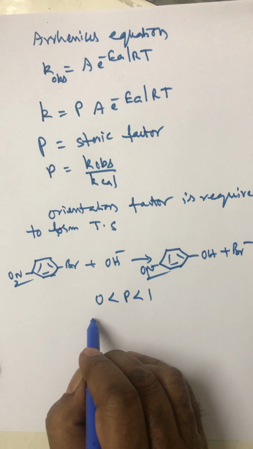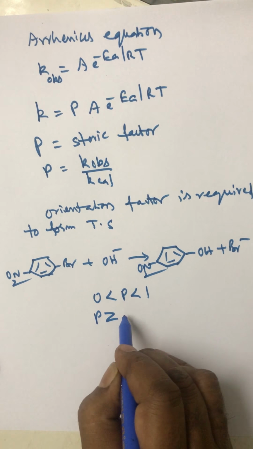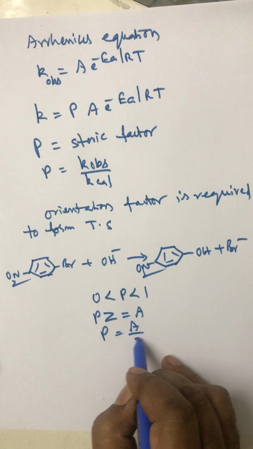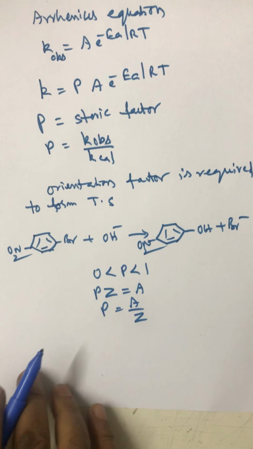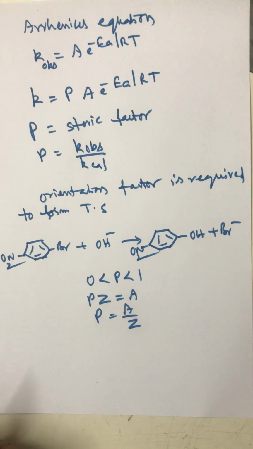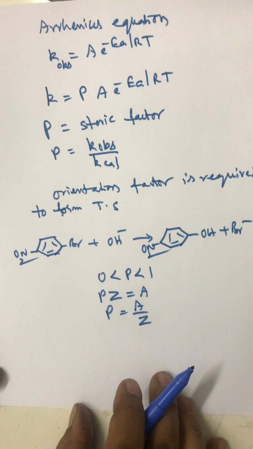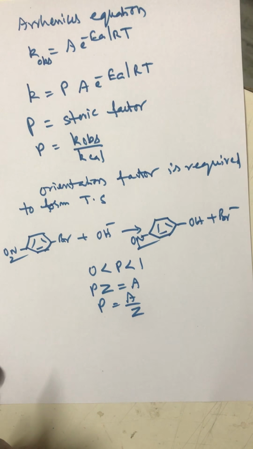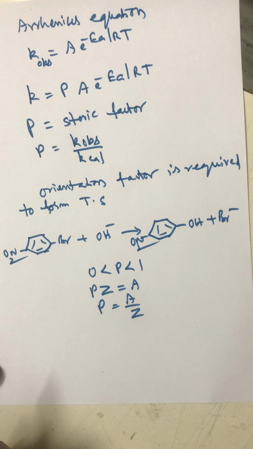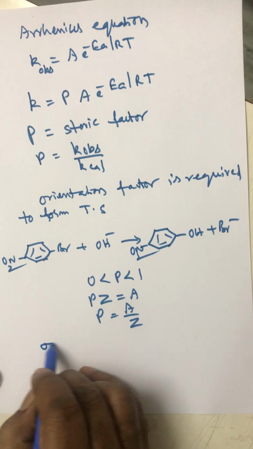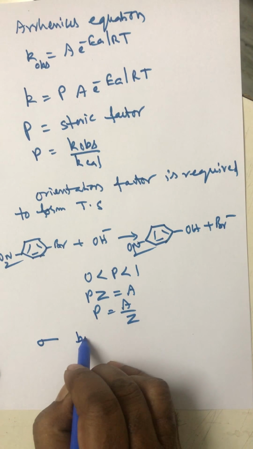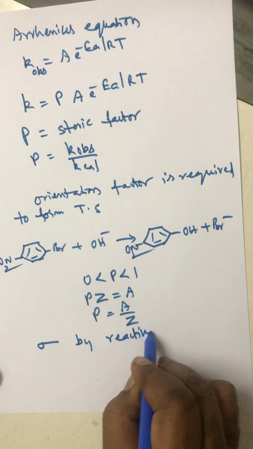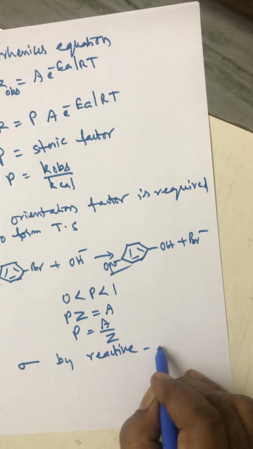Now we can compare: PZ is A, P is equal to A by Z. The steric requirement can also be explained due to disagreement between experiment and theory by replacing sigma in the earlier equation by the reactive cross section.